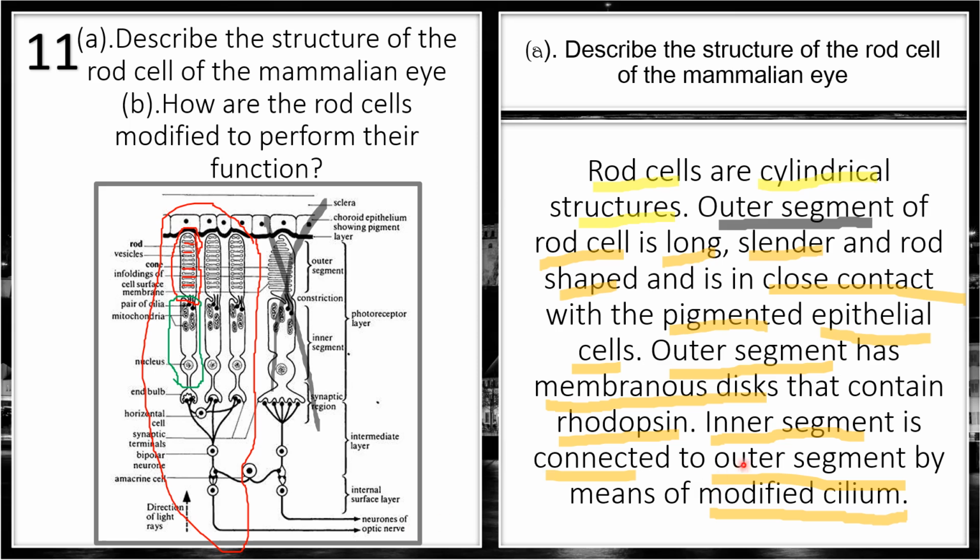It is connected to the outer segment by modified cilia. The cilia are these black lines that we see, the black structures coming from the inner segment going to the outer segment. All of this is the inner segment, and this one up is the outer segment.